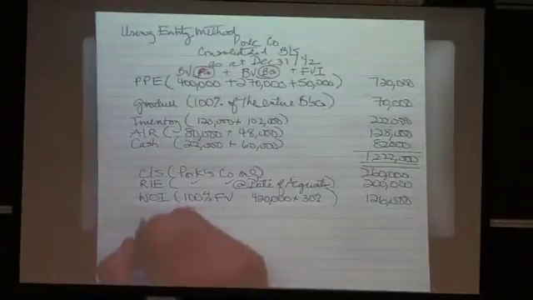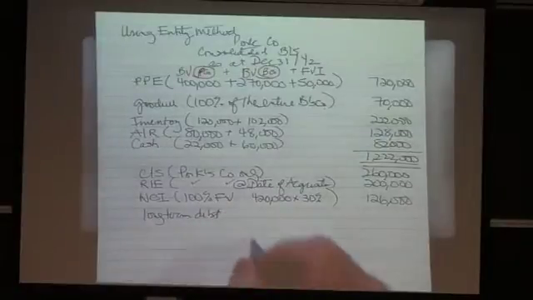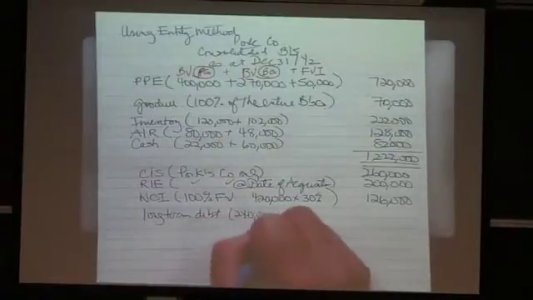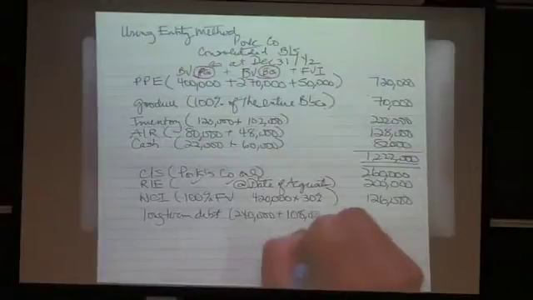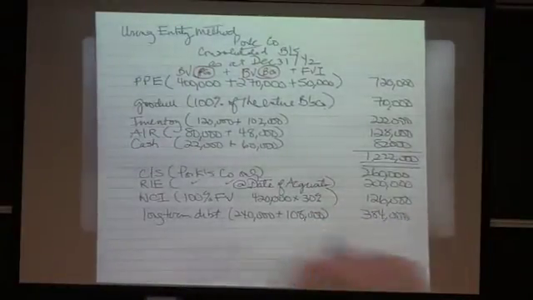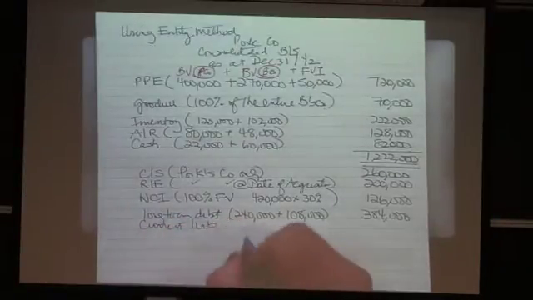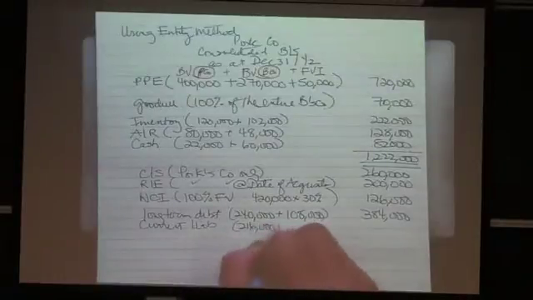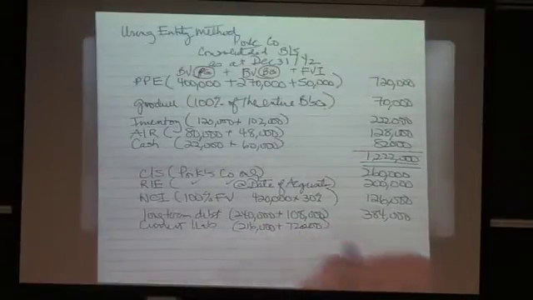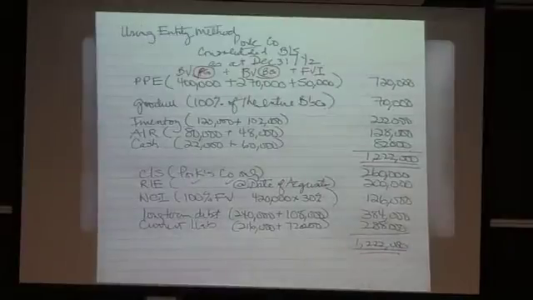And of course, you've got long-term debt, which is 240 plus 108. And then current liabilities, 216 plus 72. So this is called the entity approach.